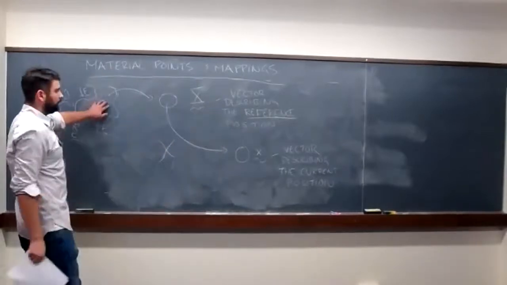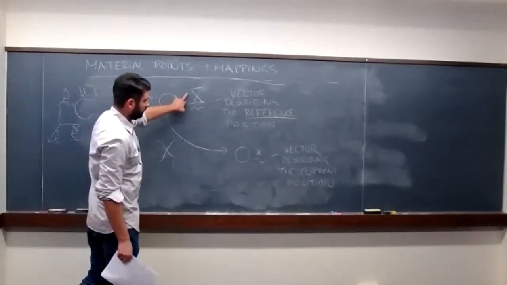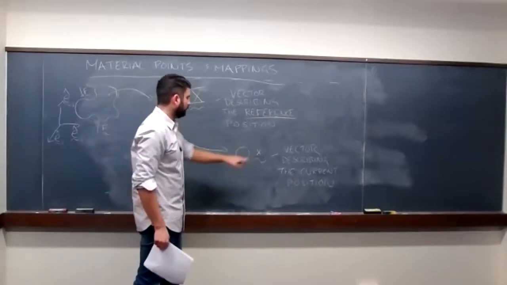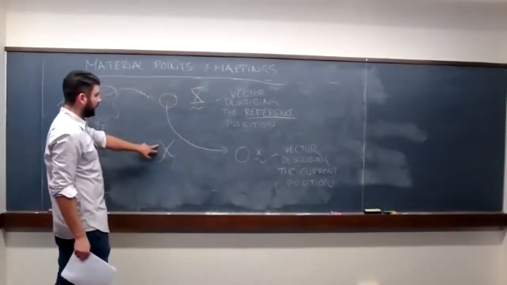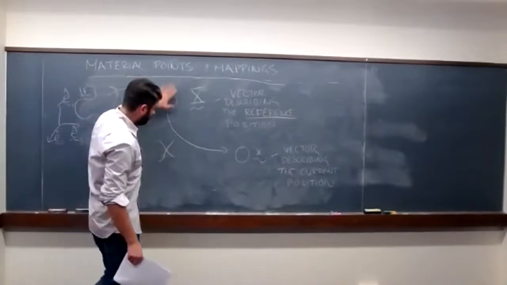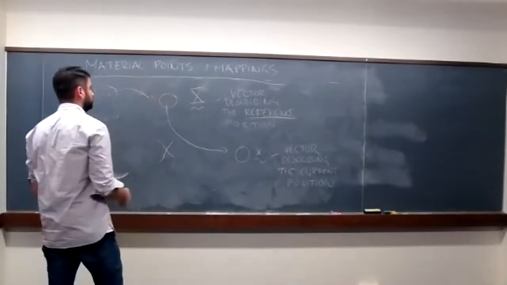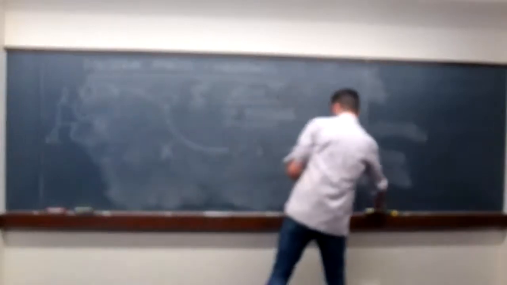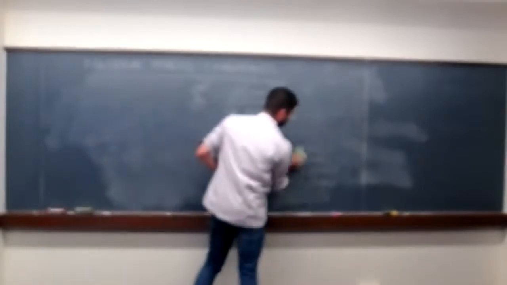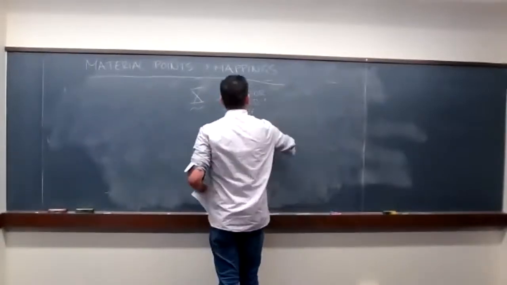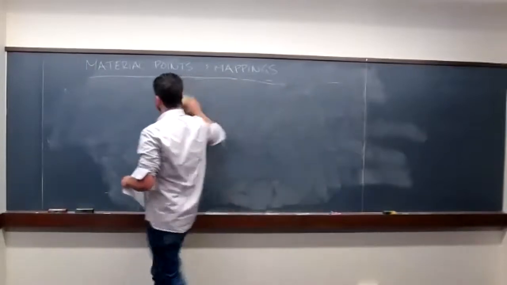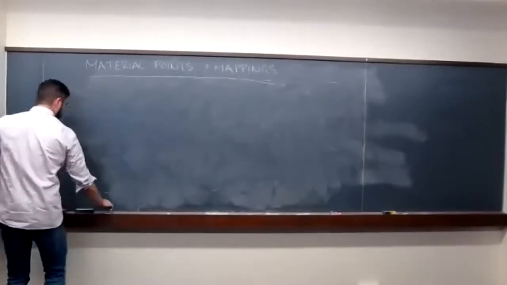So every single material point in the body has an initial position and a current position. And the mapping chi describes this transformation of all the points. So kind of a simple example. So an example mapping.